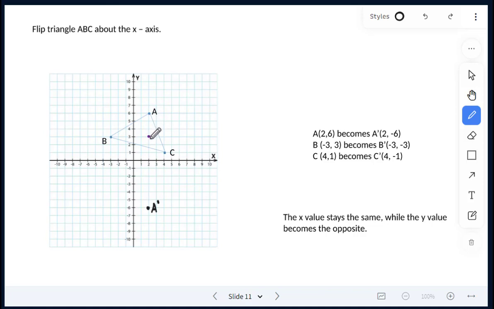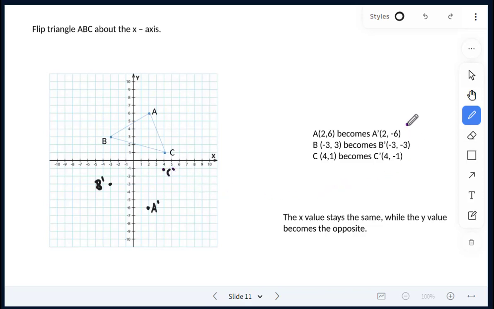So 1, 2, 3, 4, 5, 6, and we do the same thing across the x-axis on this side now. 1, 2, 3, 4, 5, 6. There's A prime. Point B is 3 points to the x-axis, so we'll do the same thing here. 1, 2, 3, and we'll label that B prime. And C is just 1 away, so our C prime will be right there.